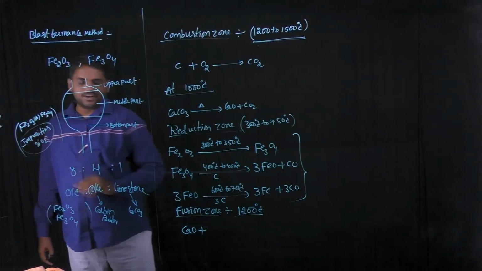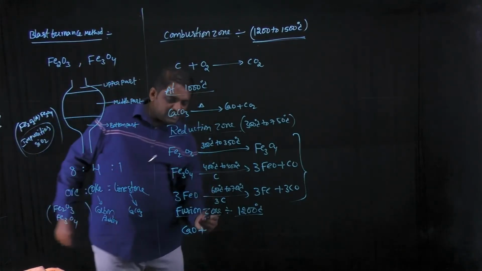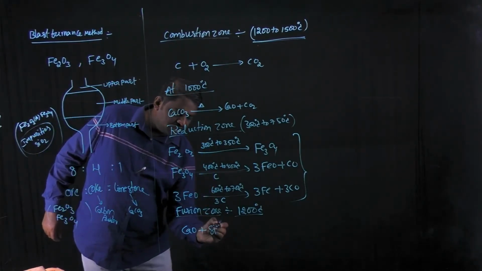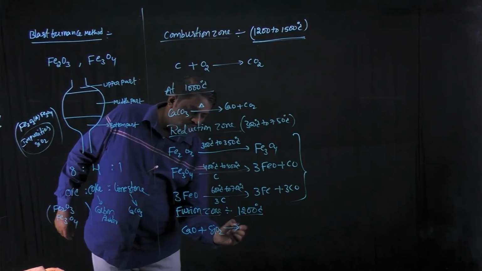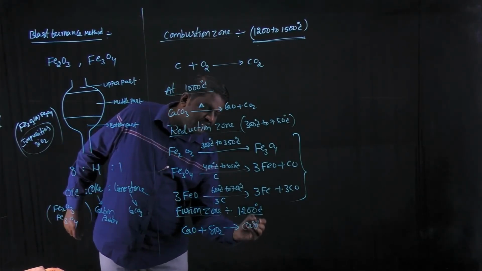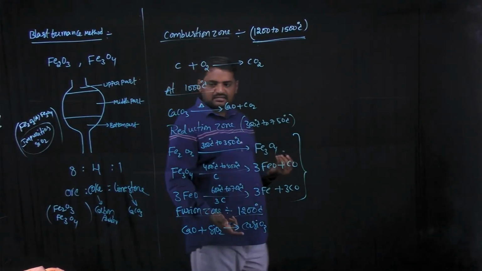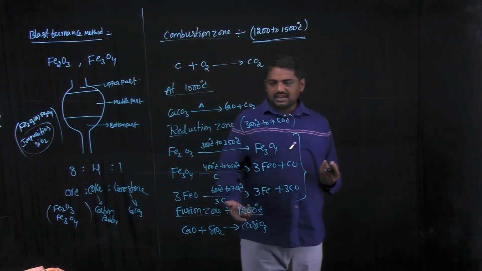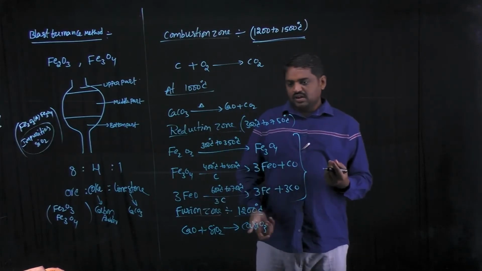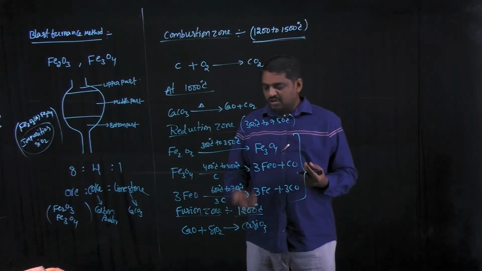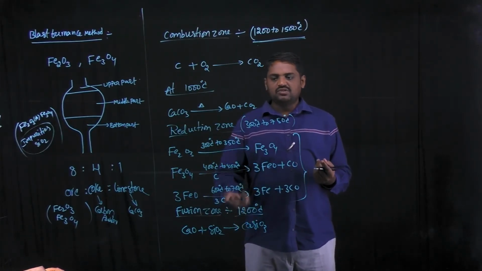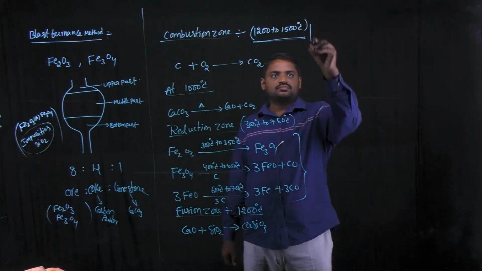These impurities react with calcium oxide to produce CaSiO3. This is known as slag. This slag is collected at 1200 degrees centigrade at the bottom side. So this zone is known as fusion zone.